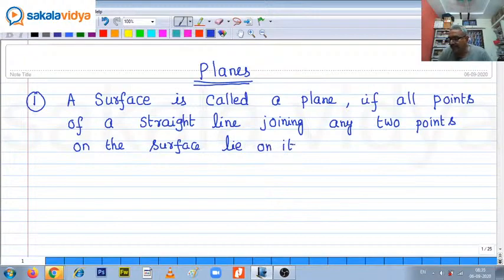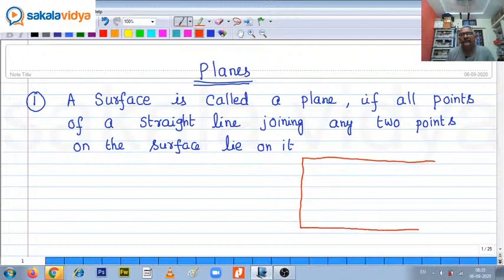That means we can call it a plane surface or surface also. A surface is called a plane if all the points of a straight line joining any two points lie on that surface itself only.